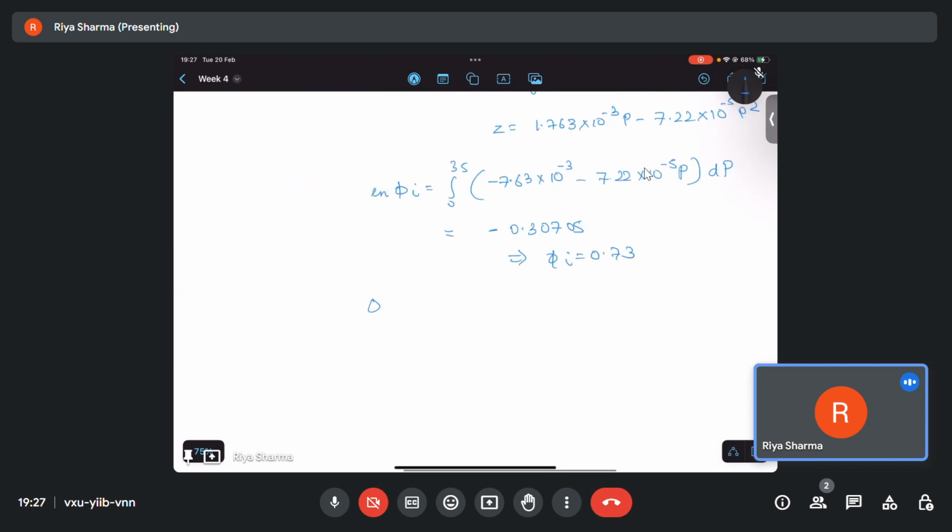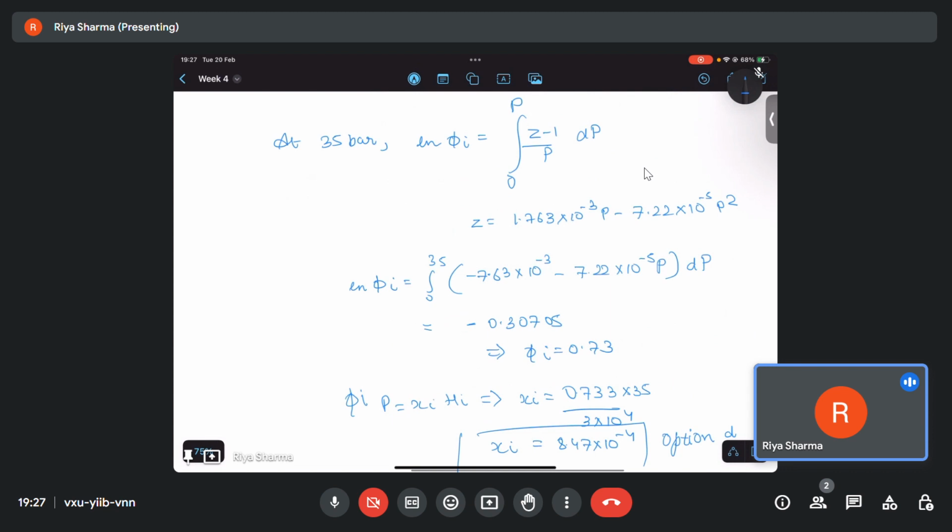And as we know, phi i P equals Xi Hi, which implies Xi is equal to... option D. Okay, so now it was a basic question.